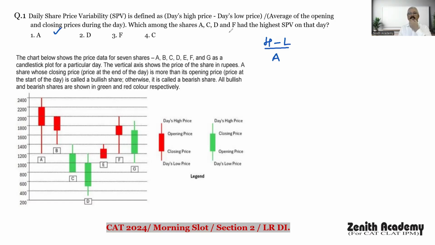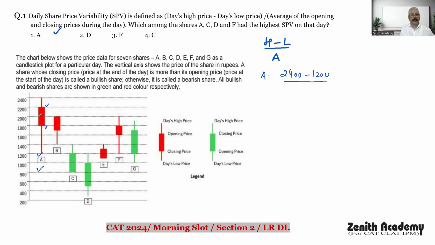So which among the shares A, C, D, F had the highest SPV on that day? Let us take the first option, A. For A, the highest is 2400 and the lowest is 1200. Upon average, the average is the average of the opening and closing price.